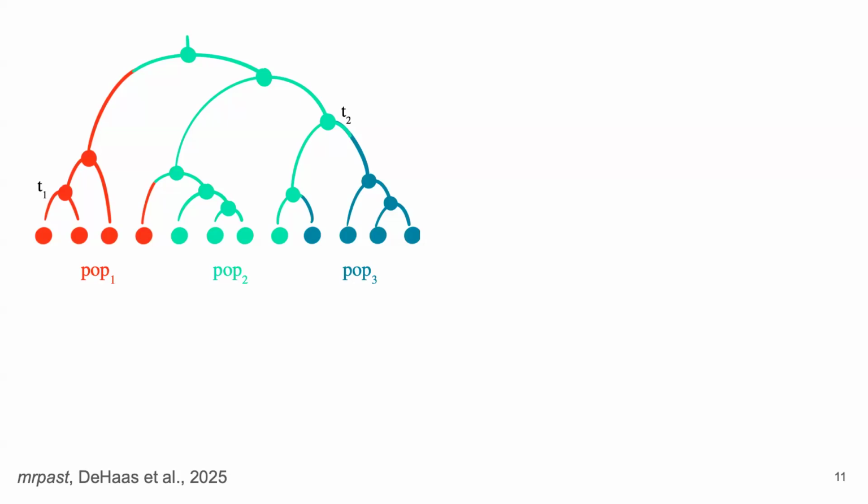Their coalescence time trajectory would be affected not just by the parameters affecting a single population, but also by whether a lineage has migrated in the past, that is, whether this lineage originated from another population sometime in the past. This change of color here represents that the lineage has migrated: it was originally in one population colored in red, but at one point it came from this other population colored in green.